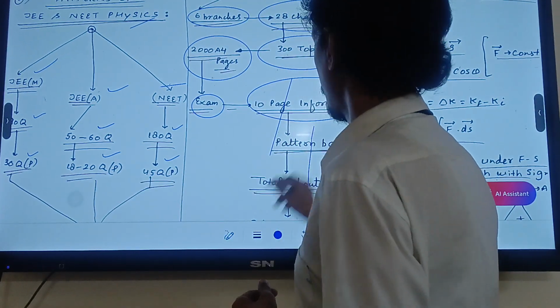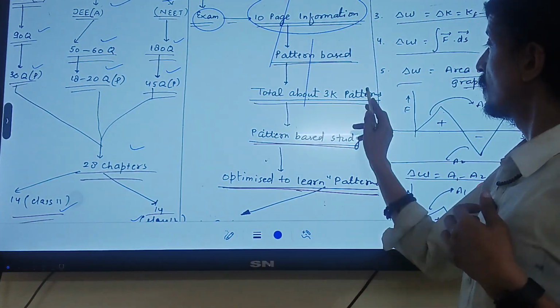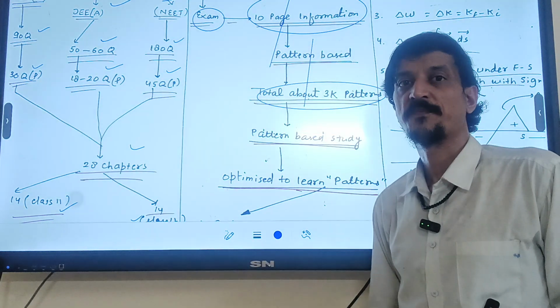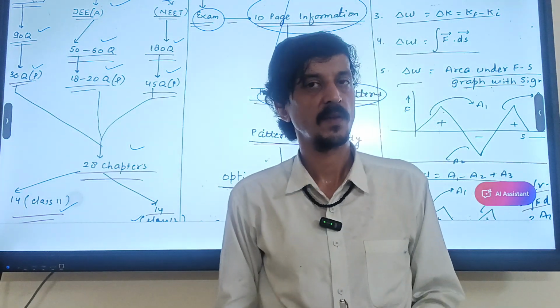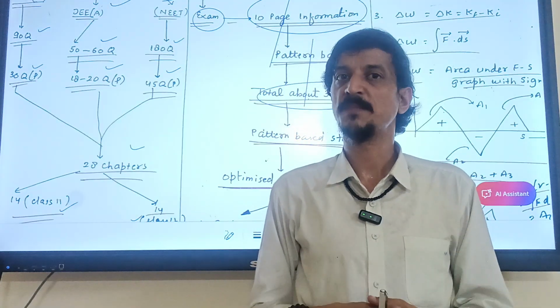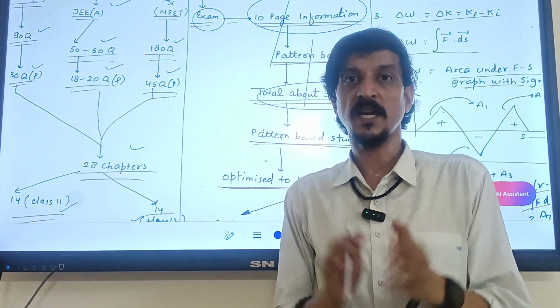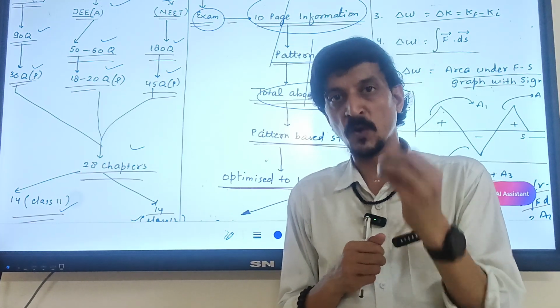If we talk about the patterns, as a whole, there are about 3,000 neural patterns in entire physics. You see, if you observe, the universe is following certain patterns, and those patterns are limited, and the universe is the entire manifestation of certain basic laws of nature.